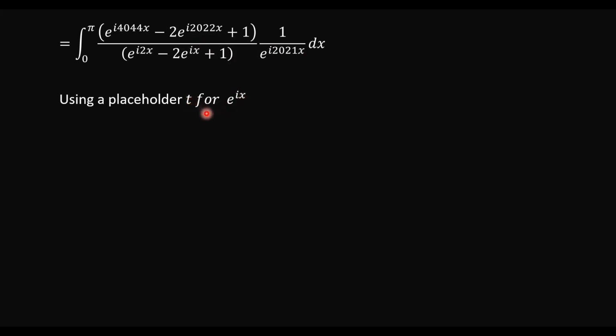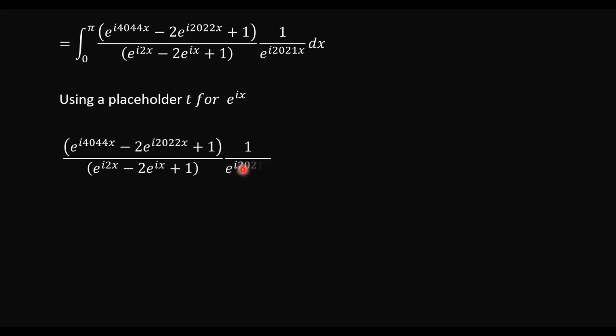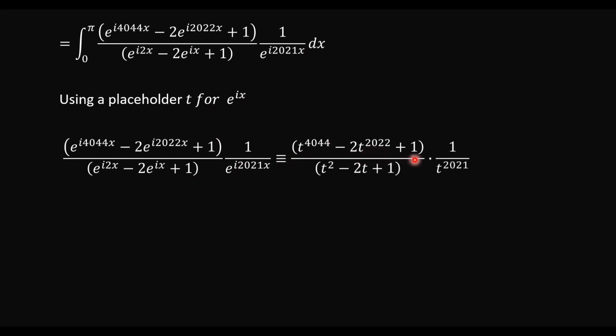So we'll use a placeholder for e to the power ix, and we'll use t as that placeholder, such that the integrand is equivalent to now t to the power 4044 minus 2 times t to the power 2021 plus 1 over t squared minus 2t plus 1 times 1 over t to the power 2021.